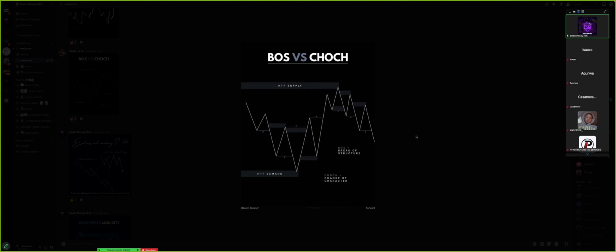On the daily, you have to pick a demand zone. If it is not clear on the daily, you pick it on the 4-hour. These are the higher time frames where we want to pick our supply and demand and wait for price to react to it. You understand, guys? Now, when price reacts to it, our only expectation in this case, right?